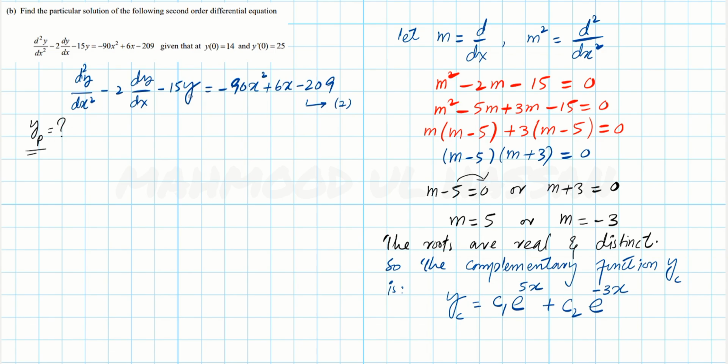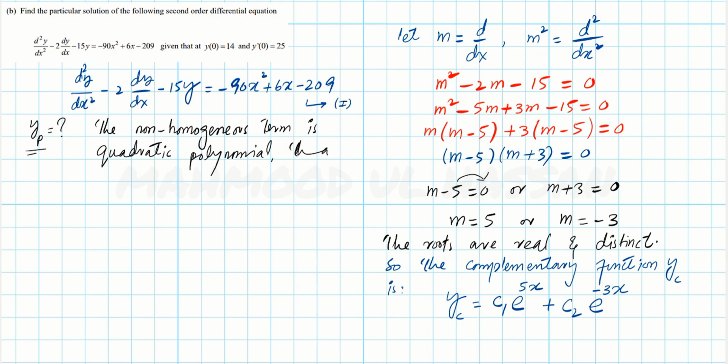You can see the non-homogeneous term on the right side of equation number 1 is a quadratic polynomial, that is minus 90x squared plus 6x minus 209.